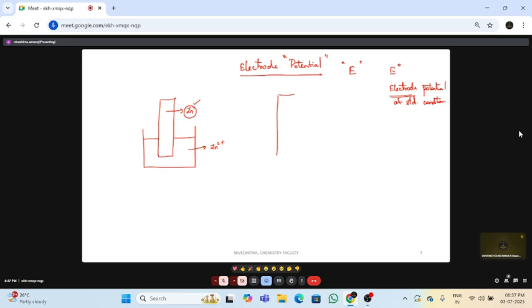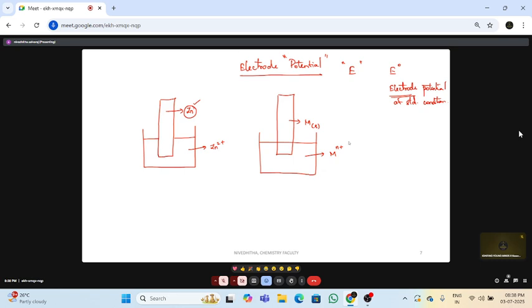Generally, I have a metal M, and this metal M is dipped in its own electrolytic solution, which means the solution will have metal ions. So if it is zinc, then the ion should be Zn2+.